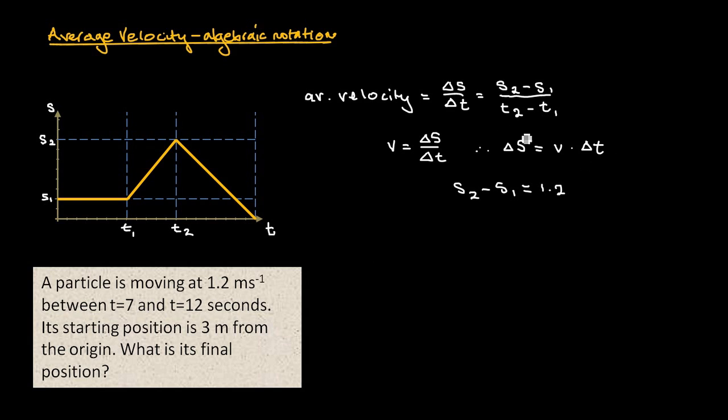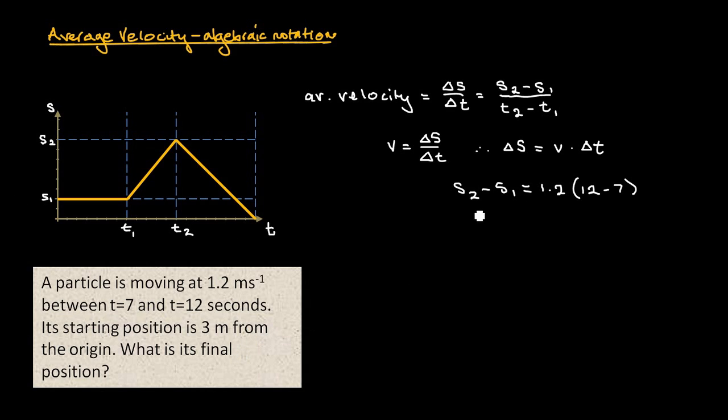Well, that's t2 minus t1. And t2 we were given as 12 minus t1, which is t sub 1, which is 7. Okay, so we've also been given s sub 1, so the first distance here we've been told is 3.